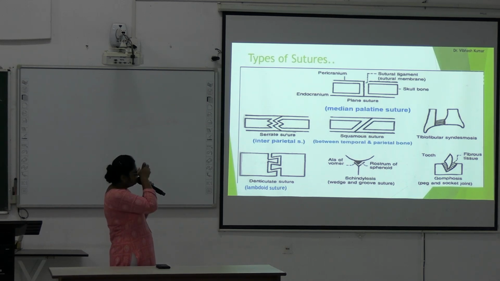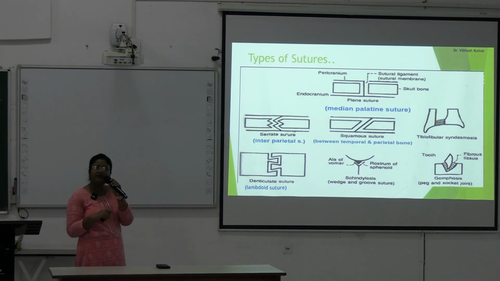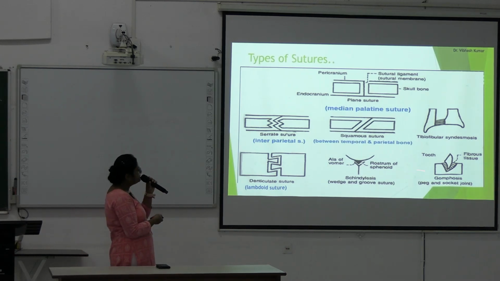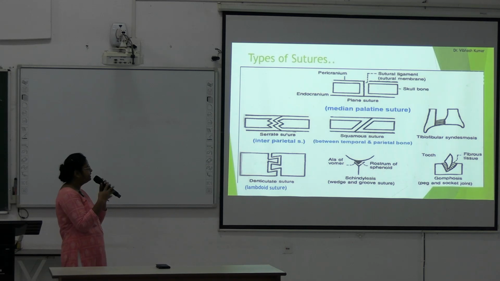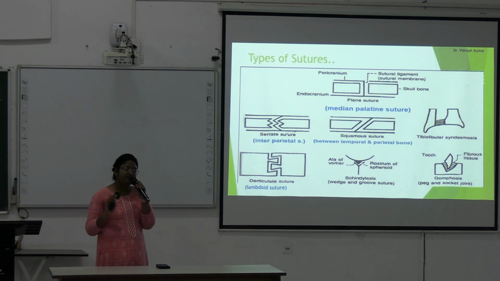The vomer is a perpendicular bone dividing into two alae, and in between the two alae articulate these projecting structures from the inferior surface of the sphenoid bone, known as the rostrum of the sphenoid bone. So this is an example of the synovial. So we have seen all the different types of fibrous joint.